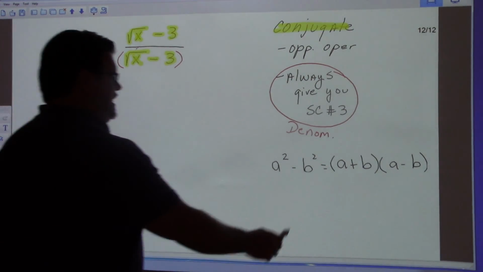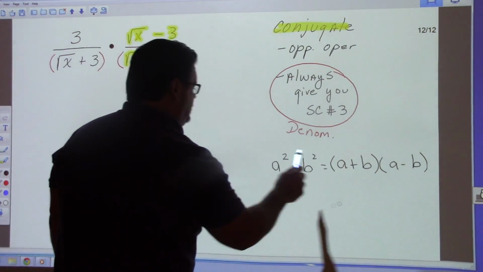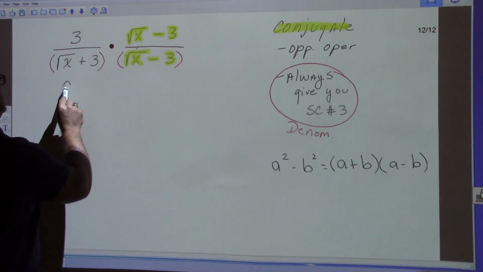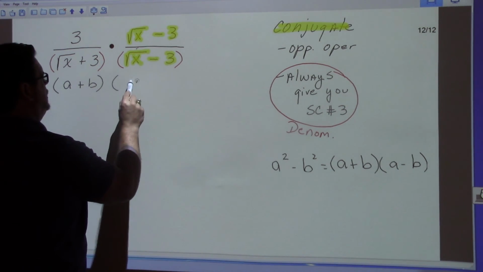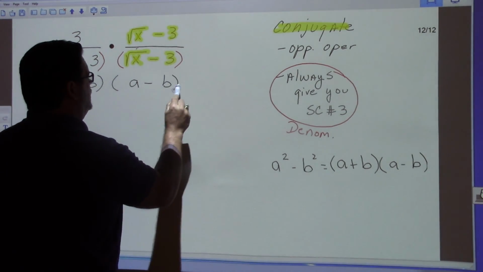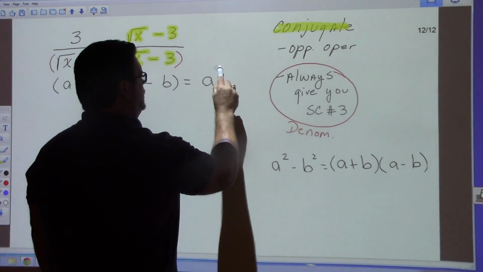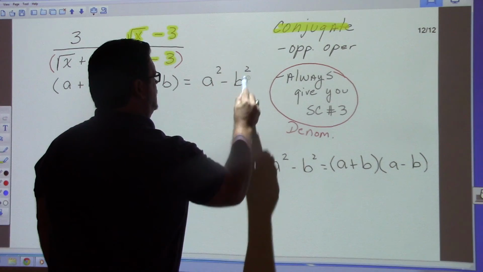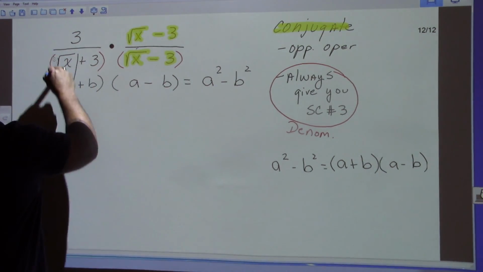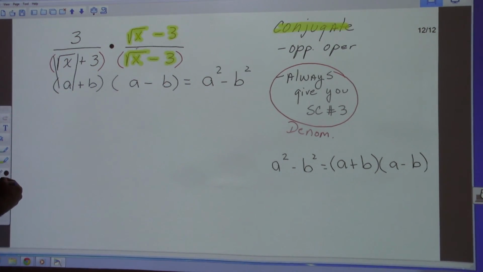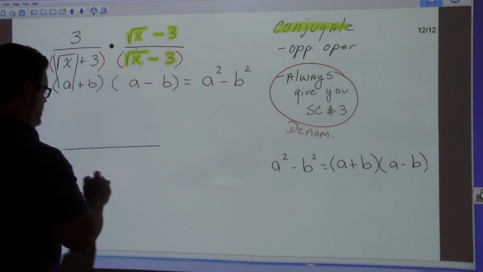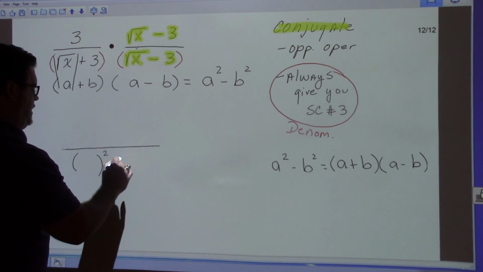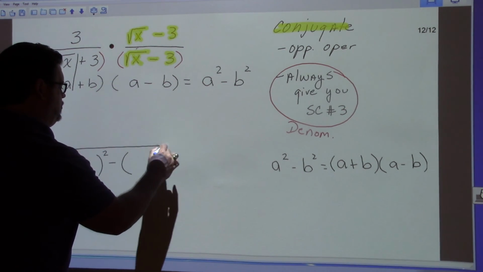So I'm going to take this guy right here, and I'm going to put it right here. So what is A? Square root x. So I'm going to go down here, and I'm going to put parentheses squared minus parentheses squared.